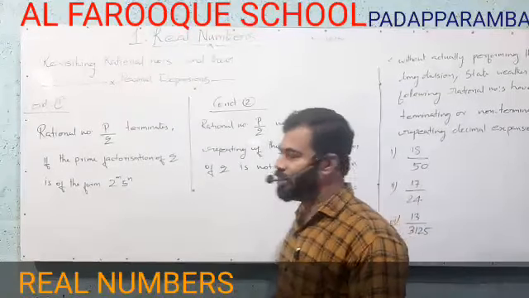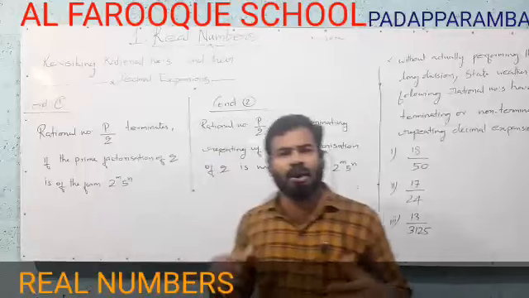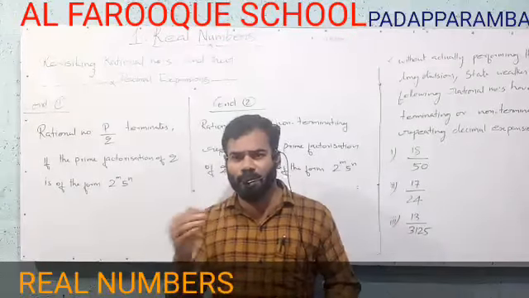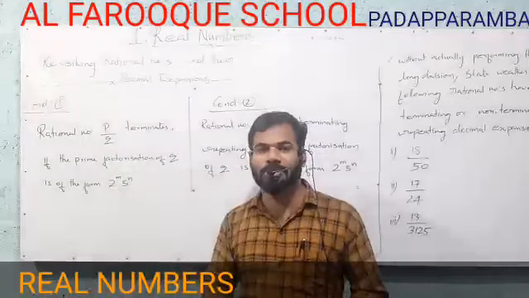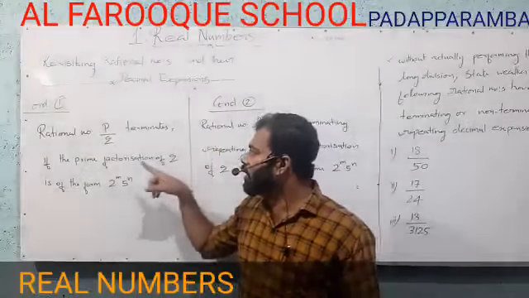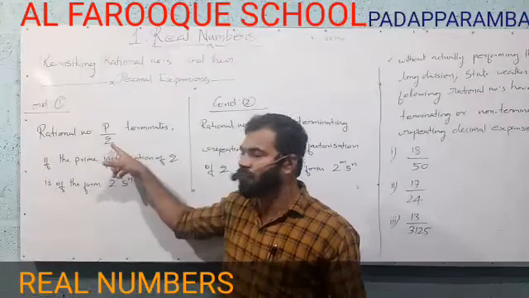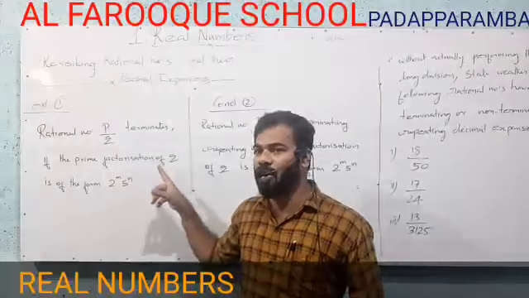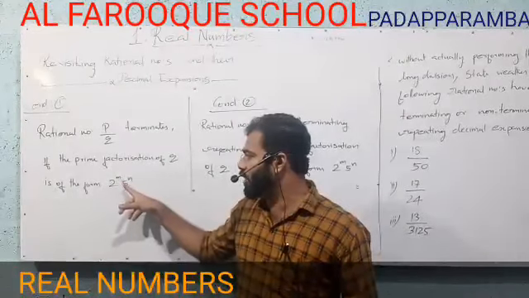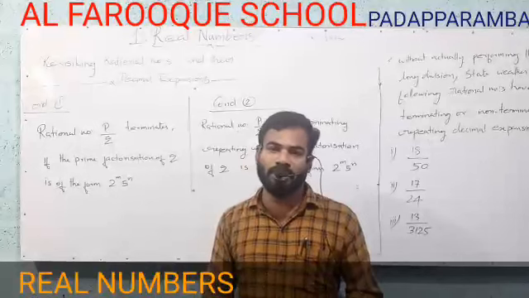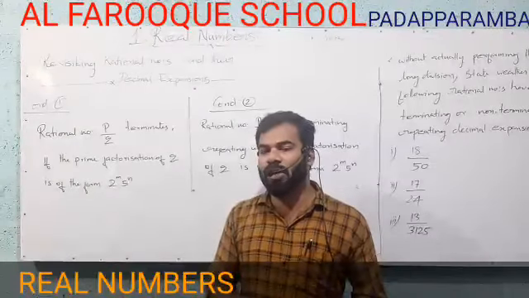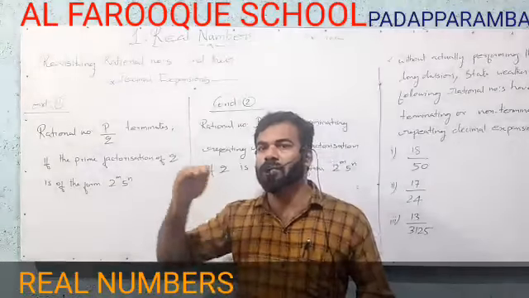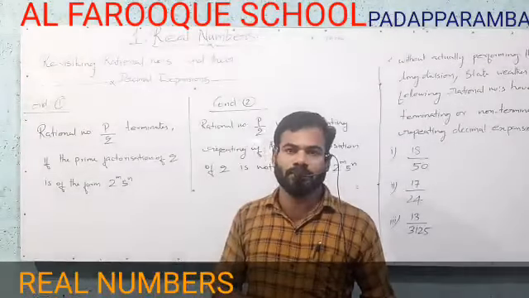Once again I am repeating. The decimal expansion of p by q is terminating if the prime factorization of the denominator is of the form 2 raised to m, 5 raised to n, which means it includes only 2 and 5.